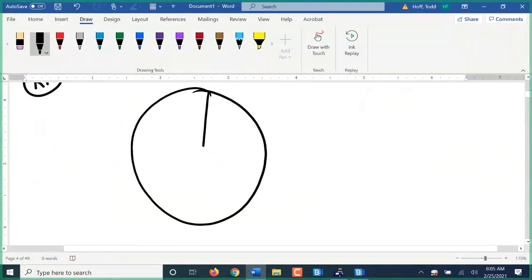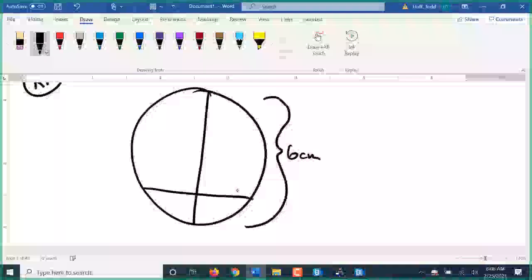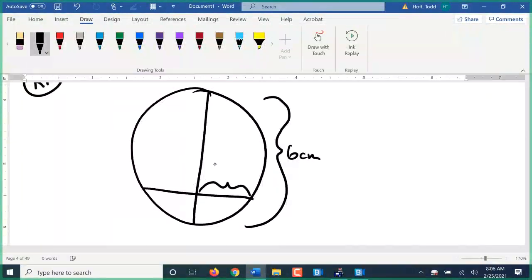So here's my circle. I know my diameter is 6 centimeters. I know this is 2.5, and this is also 2.5 centimeters.